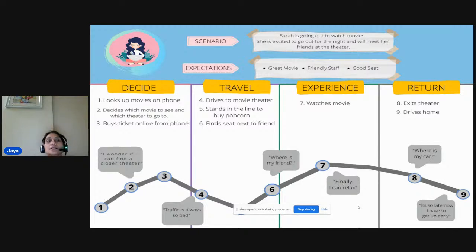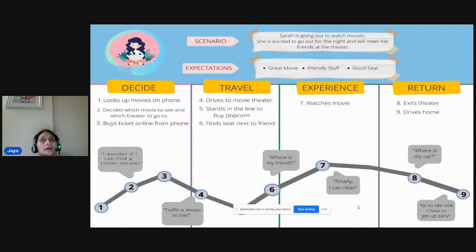The decision part is the most important, that she should look up on her phone, because right now everything is on the phone. Nobody has to go around physically to see which movies are in which theater. With the help of a digitalization tool, it is more convenient for the consumer to decide which movie they want to go to, and which theater is really near to their place.